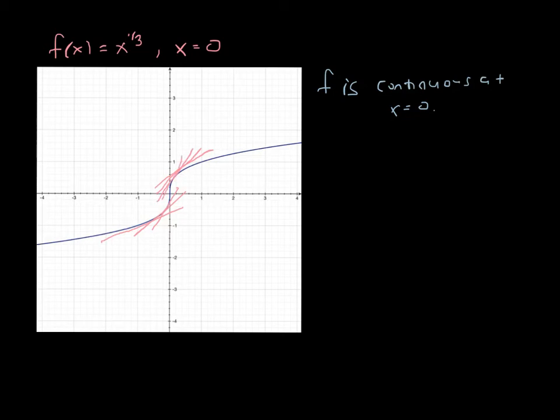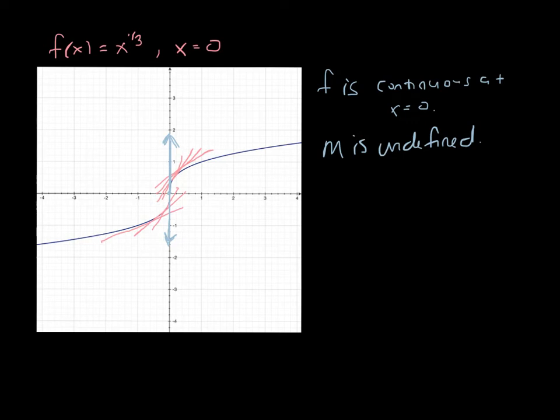And what happens right here is we draw a vertical tangent line. So when x is equal to 0, we do have a tangent line. It's vertical, but the slope of that tangent line is undefined. Vertical lines do not have slope. The slope of this tangent line is undefined.